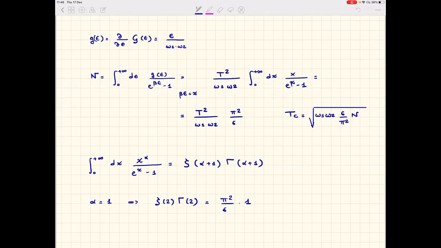There is no Bose-Einstein condensation in 2 dimensions in free space. But if you don't have free space, if you're in a situation like this one, then you might have Bose-Einstein condensation, as in a harmonic trap. And I've shown you that this happens.